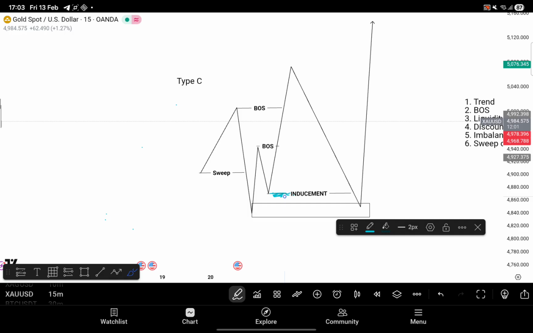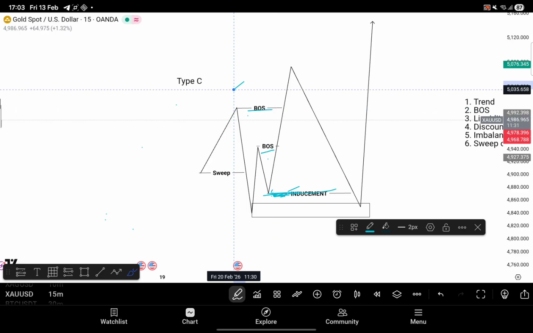And now talking about the inducement. Inducement is actually an English word which means to deceive, deceiving early buyers. Some people will place a buy to here expecting price to buy from this low. You will be wondering why I named this break of structure and this break of structure differently. On my post I was explaining what internal and external is.